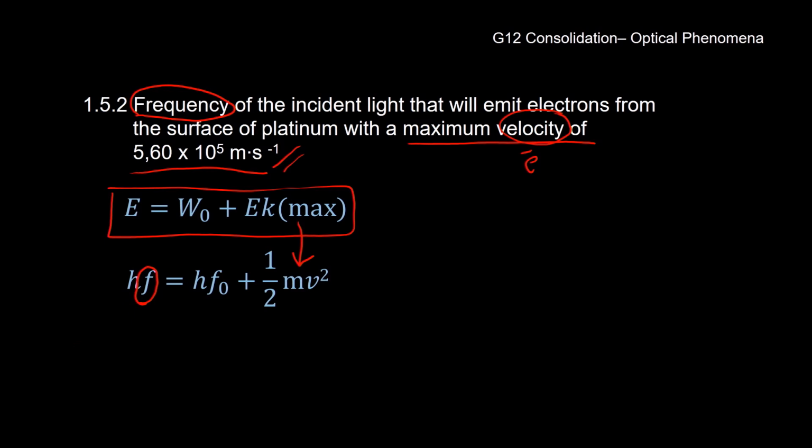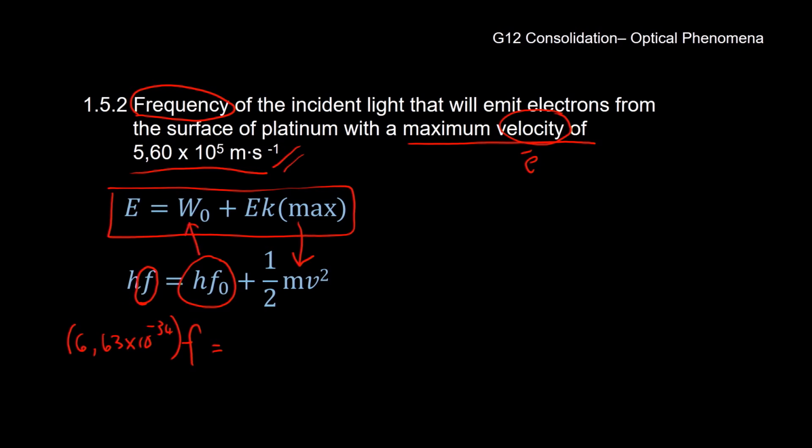And all we have to do is substitute in our values. So I'm going to start on this side. H is Planck's constant, so it's 6,63 times 10 to the minus 34. F is what we want to find. We have already calculated this value, which is W0.